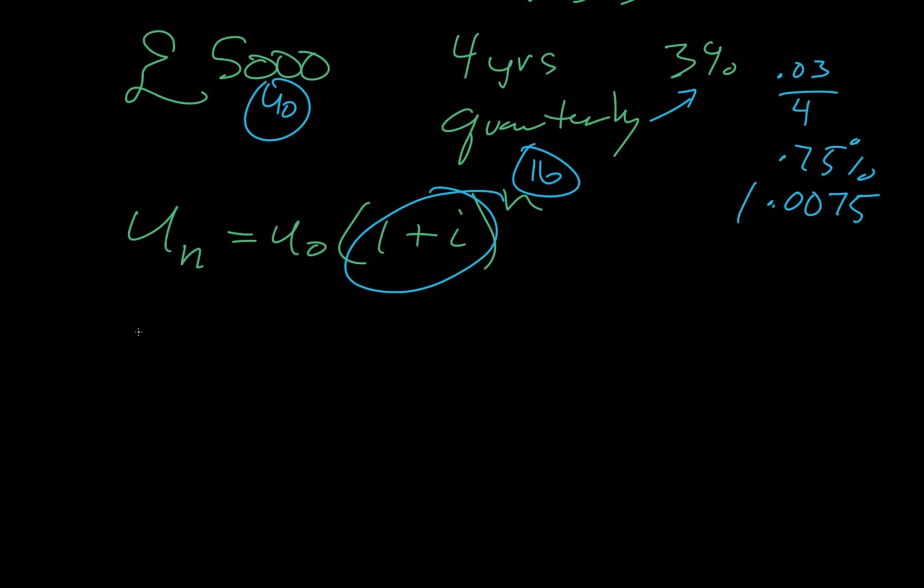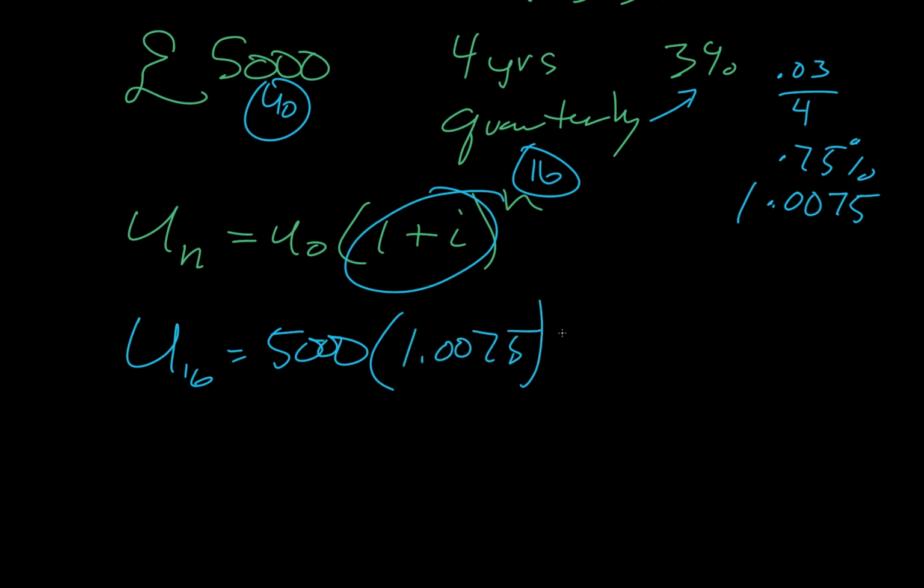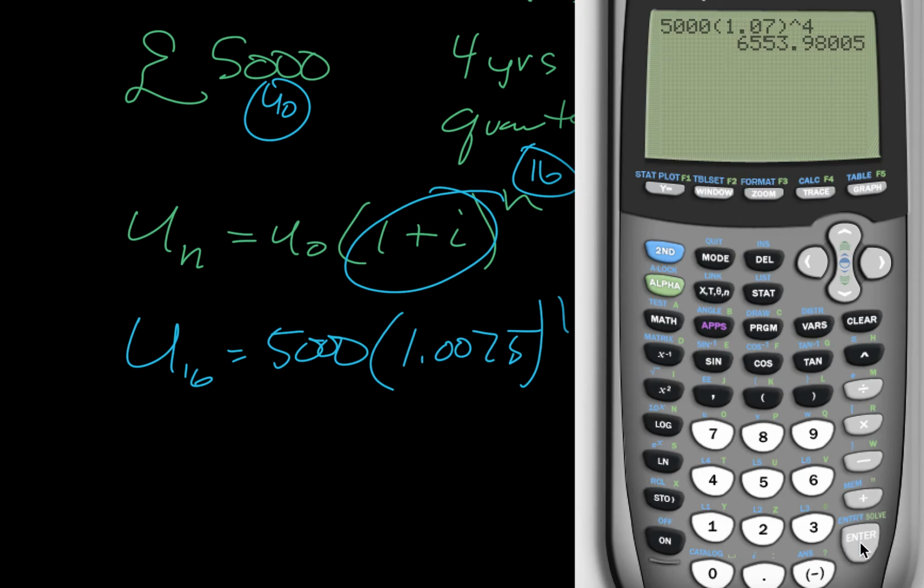Okay, so we'll plug this in. U of 16 equals the initial amount, which is 5,000, times 1.0075 raised to the 16. Since it's the same form as the last one, I'm going to do an entry. We already have 5,000. And then this is 0.0075.